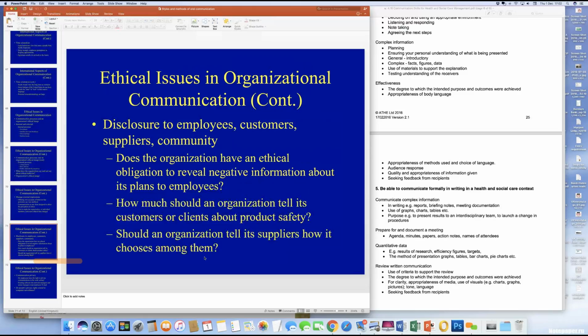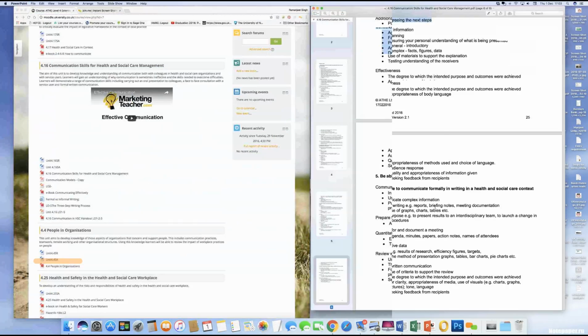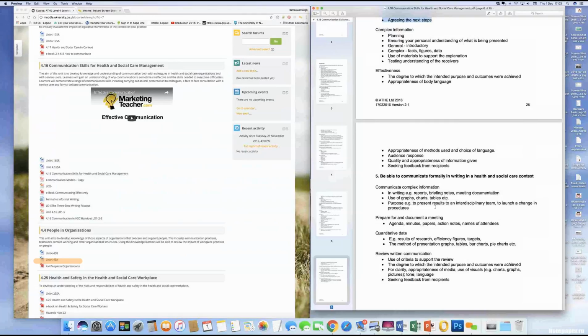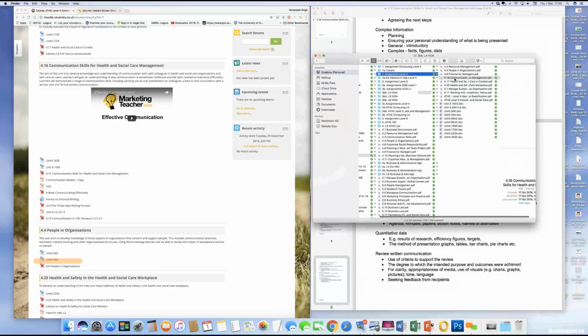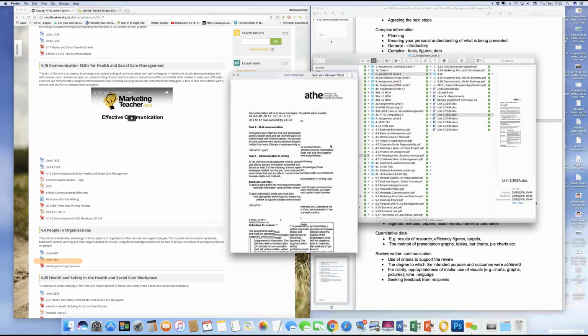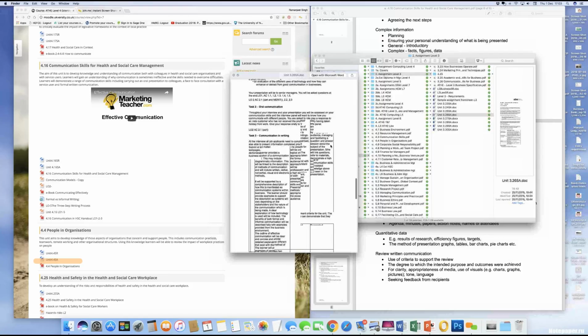Now, just briefly, going to the types of written communication. I'm going to try and pull out the assignment just to show you, and that would simplify things in terms of communication.